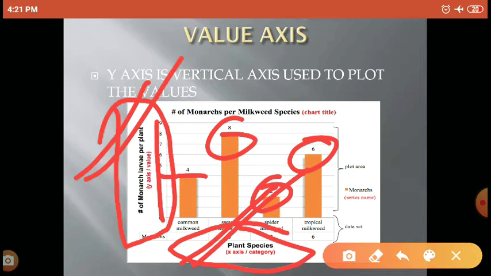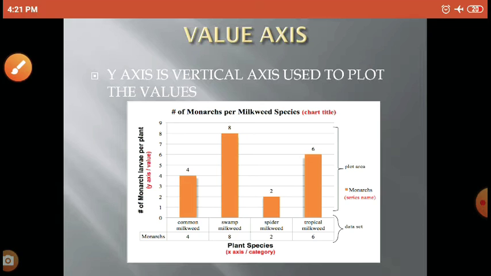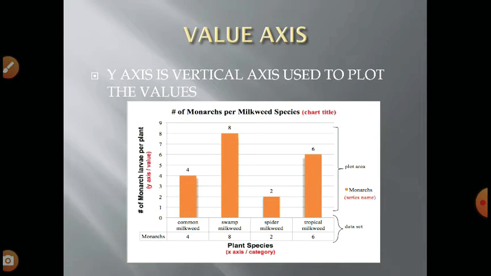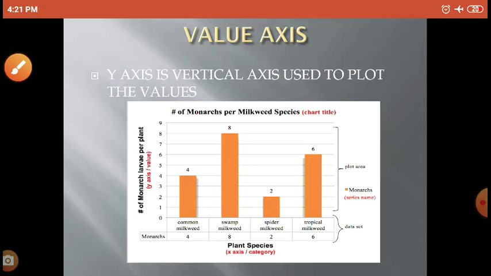Y axis is called your value axis and your x axis is called your category axis. Remember this, very important. Okay class, this is our category axis and this is our value axis. Please remember it, very important component of chart.